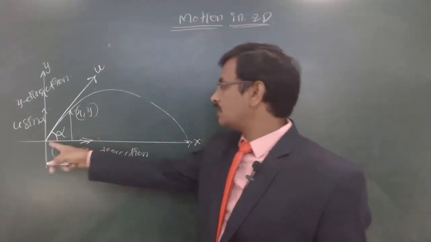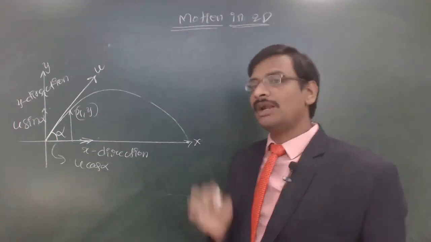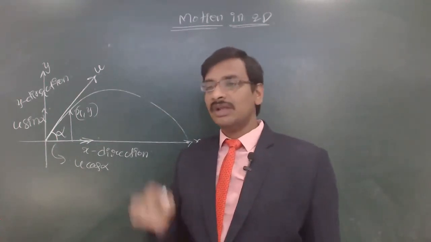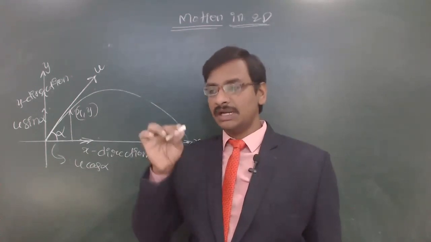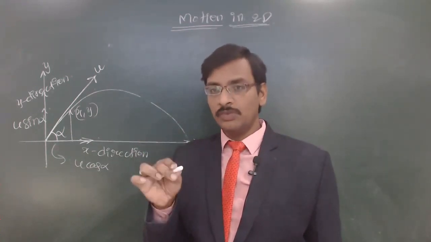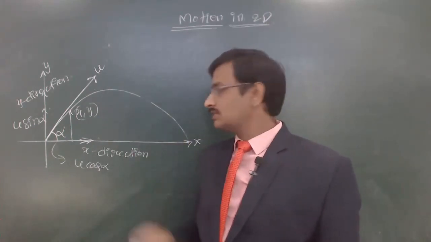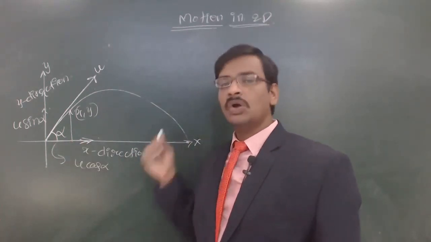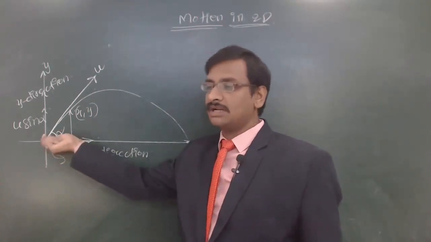Because here there is no external force. As per Newton's laws, one fundamental rule, the first law: every particle tries to stay in its state of rest or of uniform motion unless it is compelled by an external force. Now here in the horizontal direction no external force is there except for the initial velocity I have given externally.